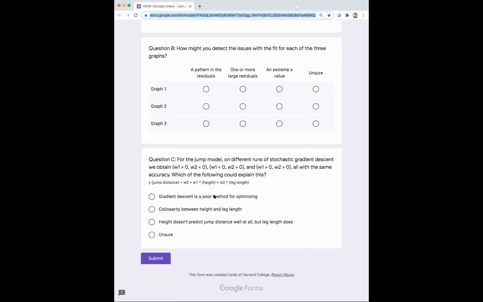Option 3, is it that height doesn't predict jump distance well at all, but leg length does? What do you think? Charumati, please. Yeah, I thought it was collinearity between height and leg length, because since they're related, if one changes, then the other is likely to change as well.